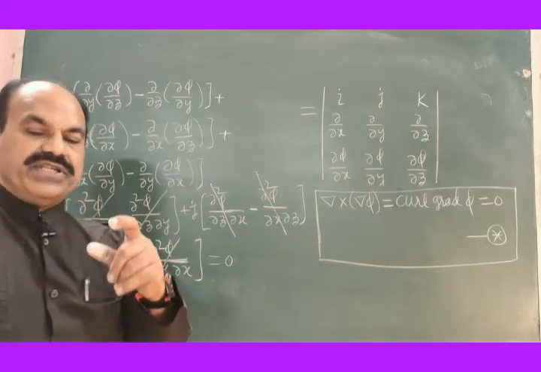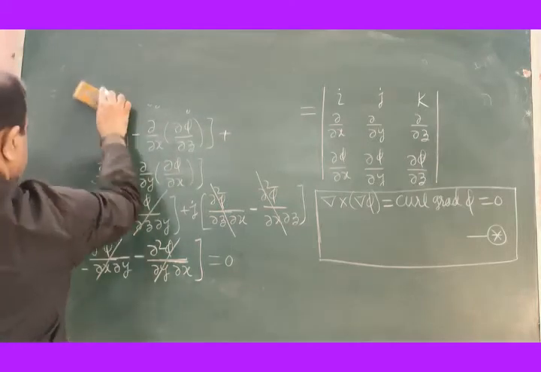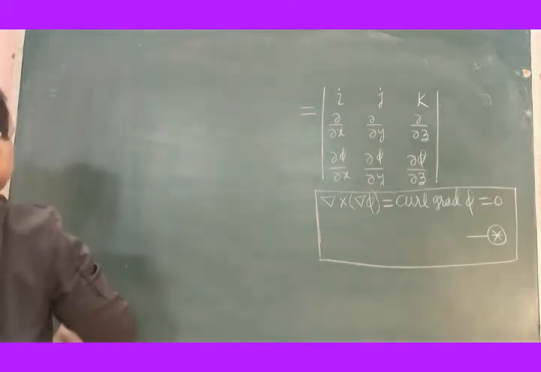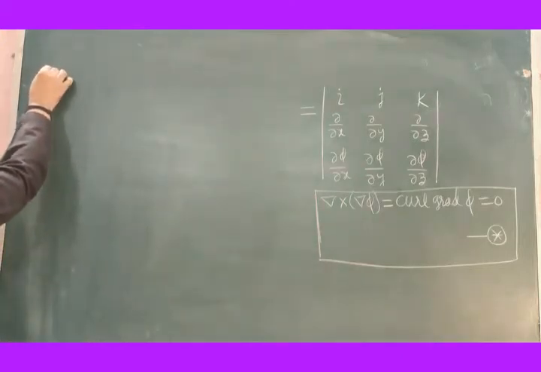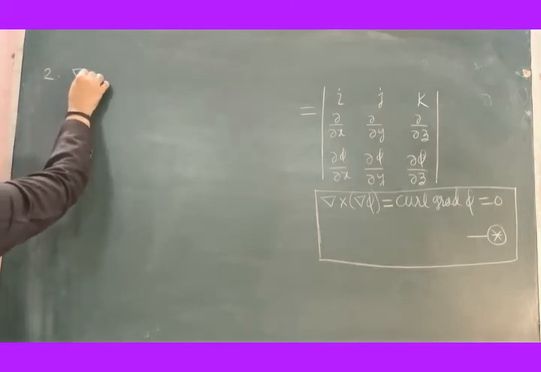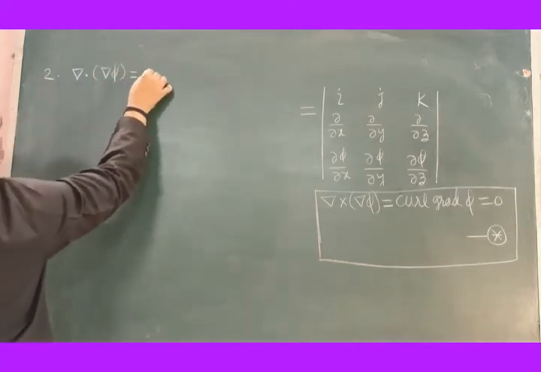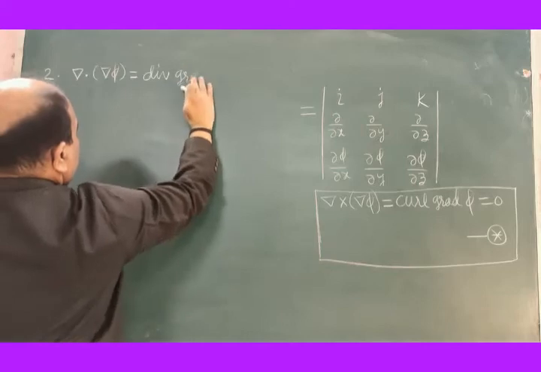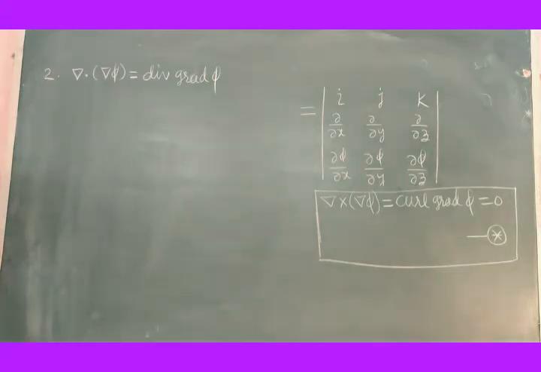Let us go to the second vector identity. And the second vector identity is del dot del phi.